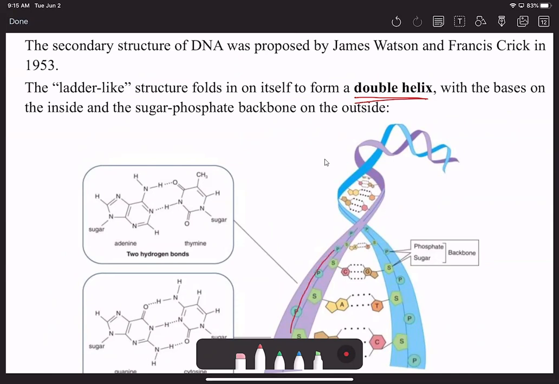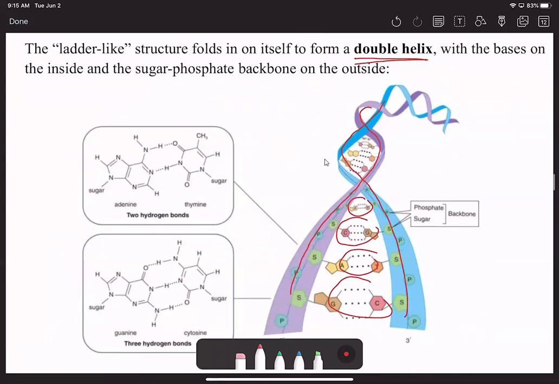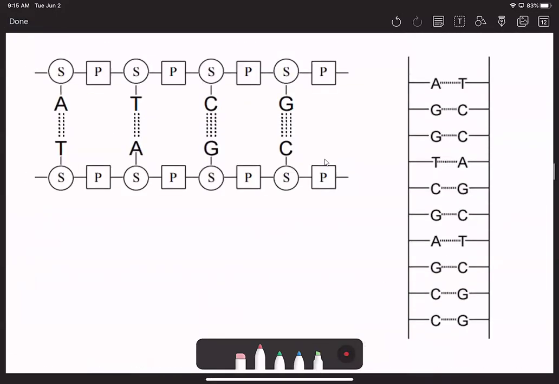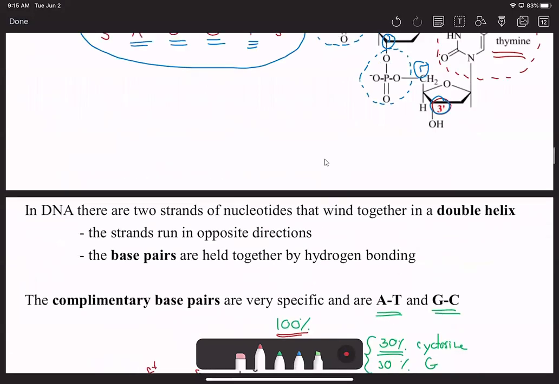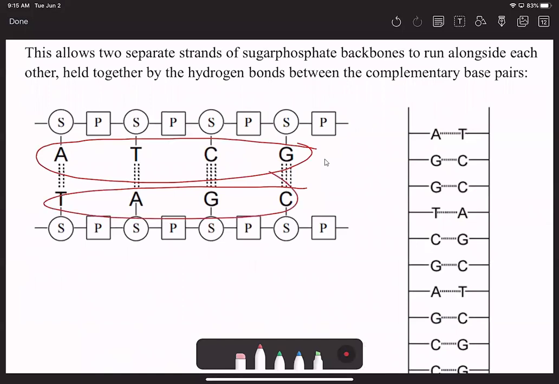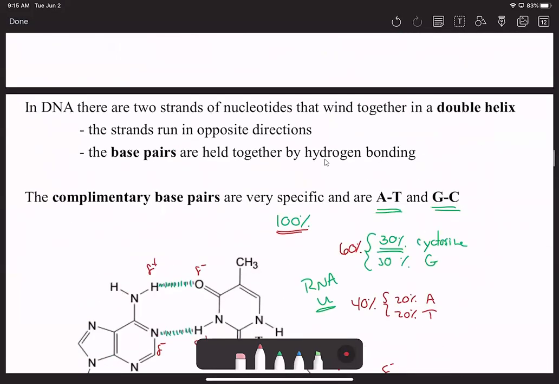And here's our phosphate sugar backbone, and then all of the hydrogen bonding that occurs between all of those. So this is what we're going to call a secondary structure. Our primary structure is just this, our order of the amino acids. Primary structure.